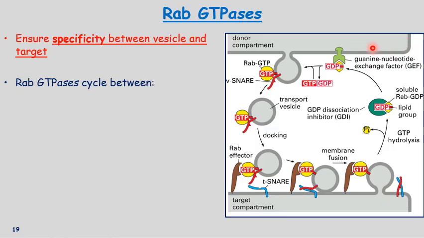The donor compartment has this protein over here that is specific for that Rab, and this guy happens to be a GEF. Remember what the GEFs do? G protein exchange factor. Where have you seen that before?